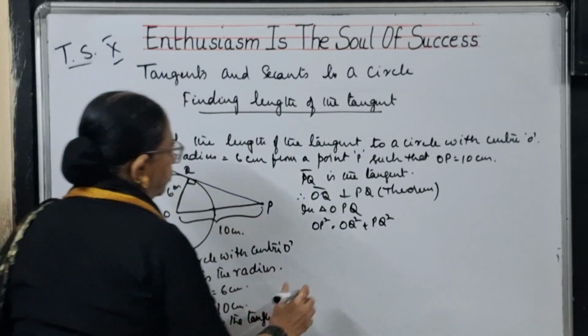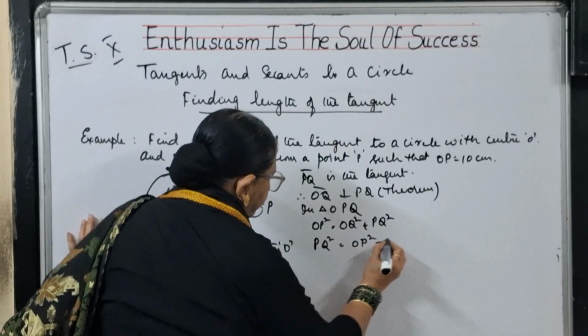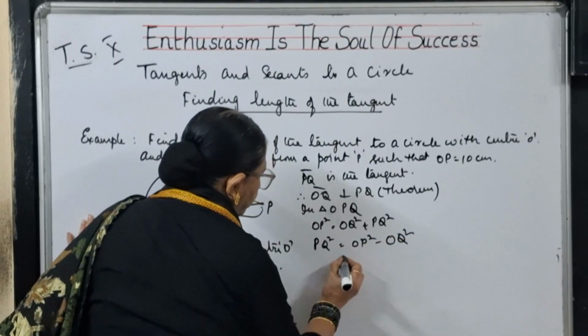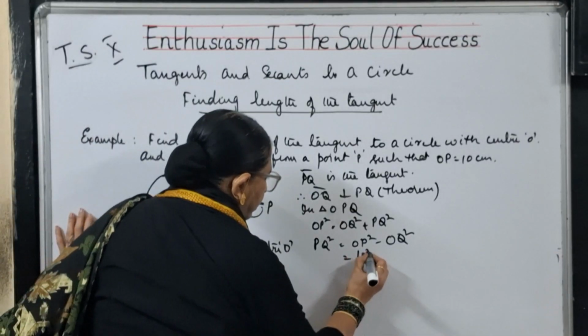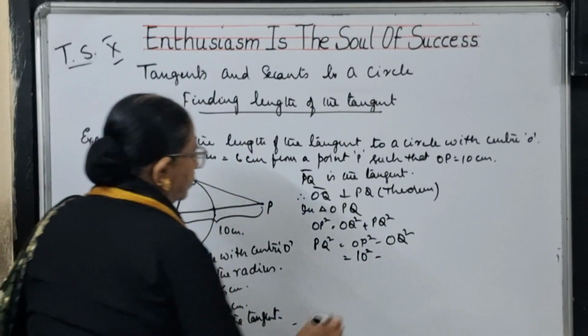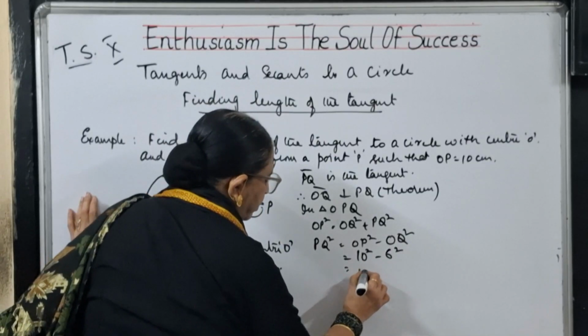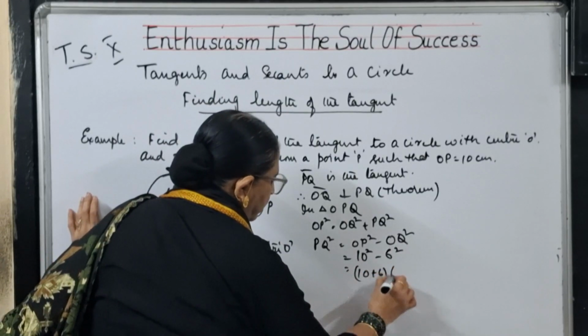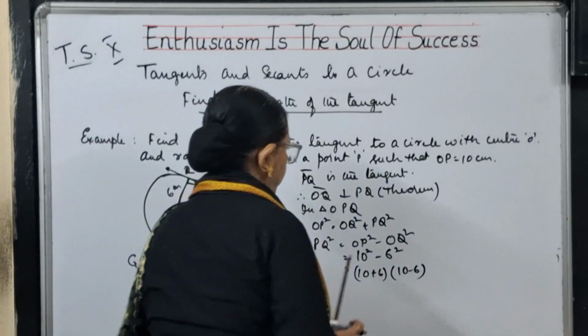So what you want is PQ. PQ square is equal to OP square minus OQ square. So what is OP? OP is 10. 10 square minus what is OQ? 6 square. This is in the form of A square minus B square, that is A plus B into A minus B. So how much are you getting?